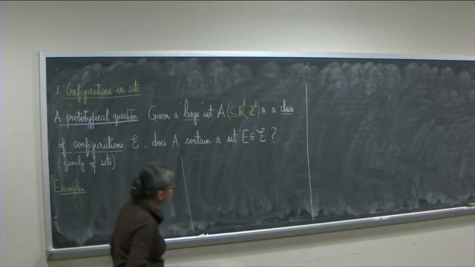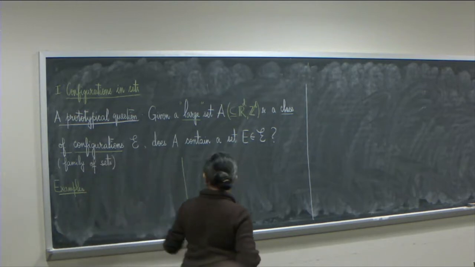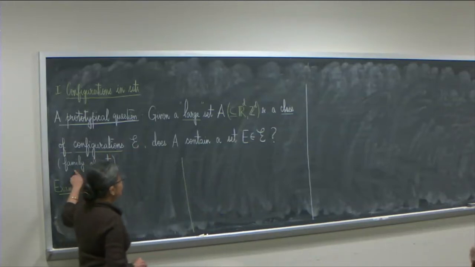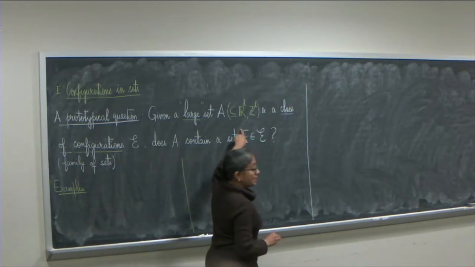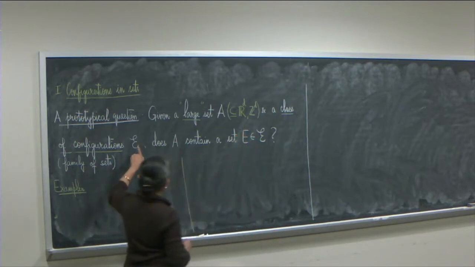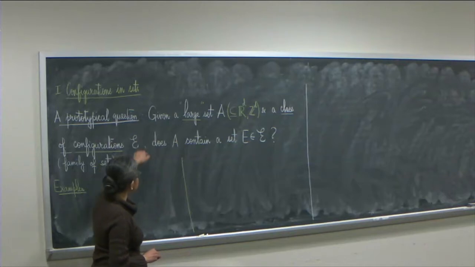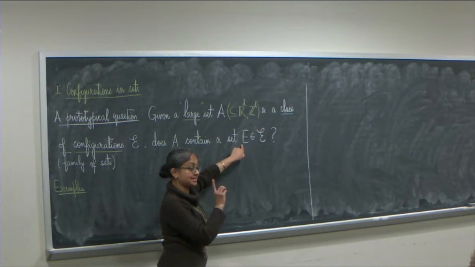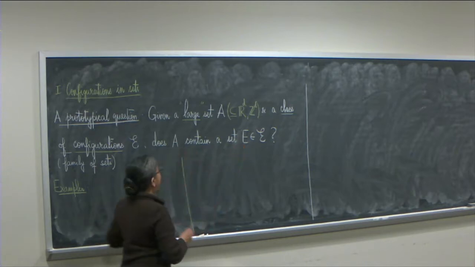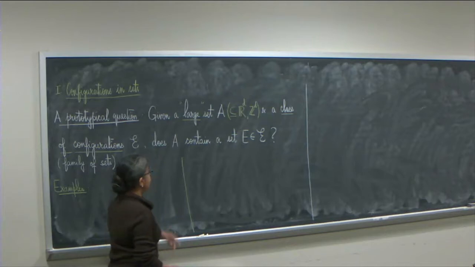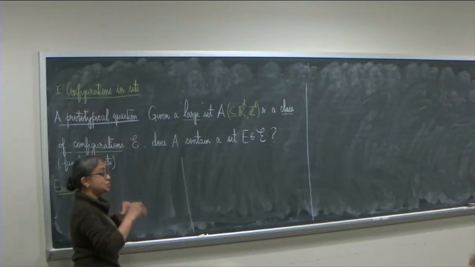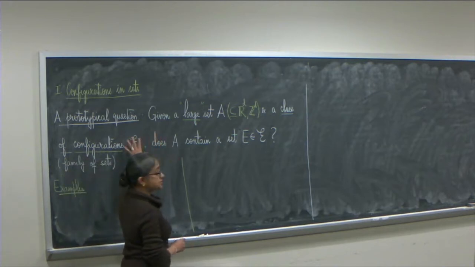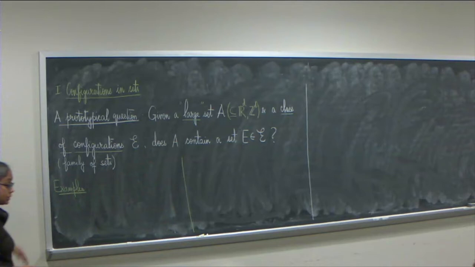When you say E in the script E, do you mean a subfamily of sets then? No, this script E is a family of sets. And E can be any set that belongs to this family of sets. So script E is the family itself, and E is a single set. I'm going to give you an example so that you can see what this script E could look like.